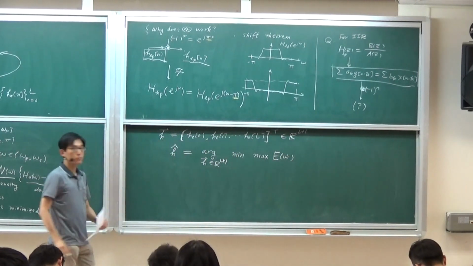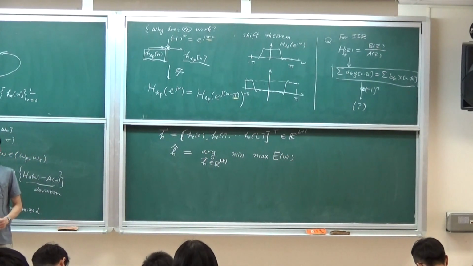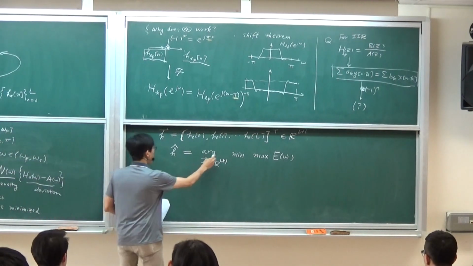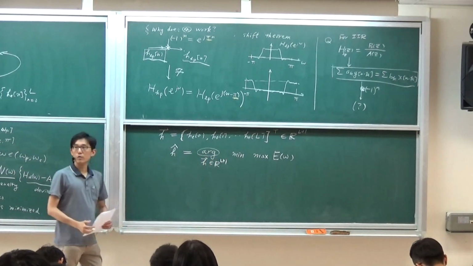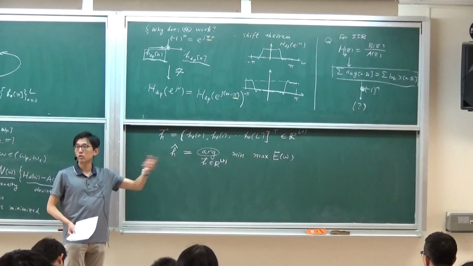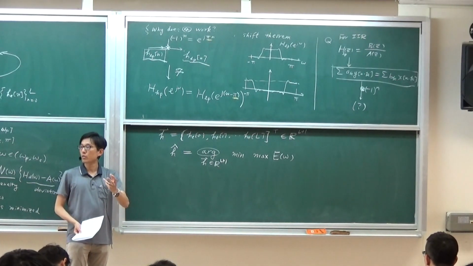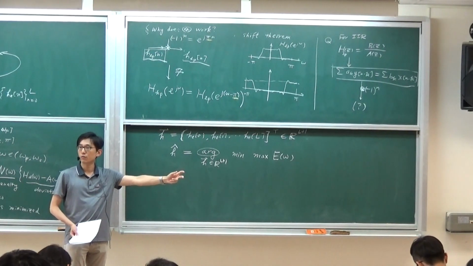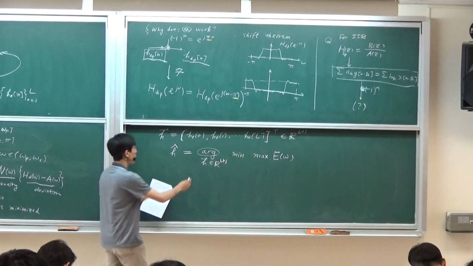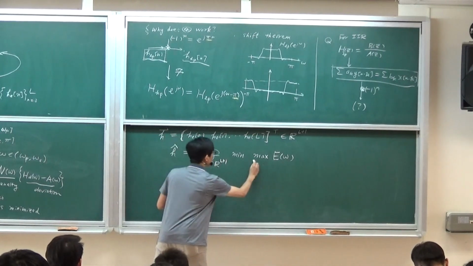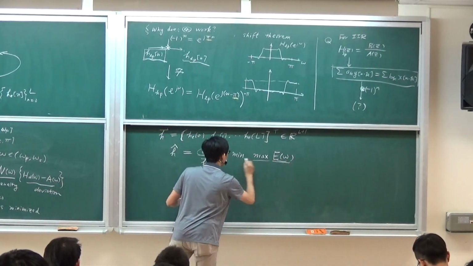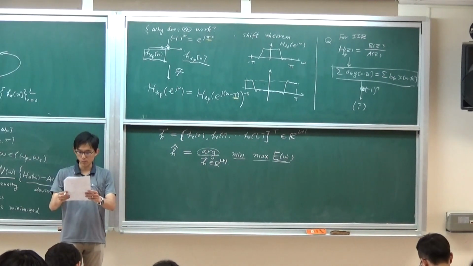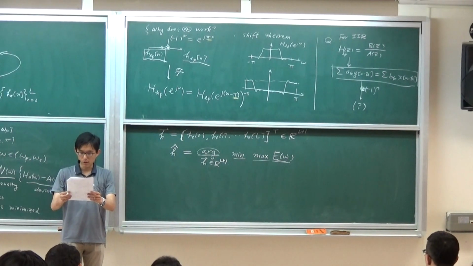We want to find the argument, the object that you send to your function, such that the maximum cost is minimized. That's the problem formulation.